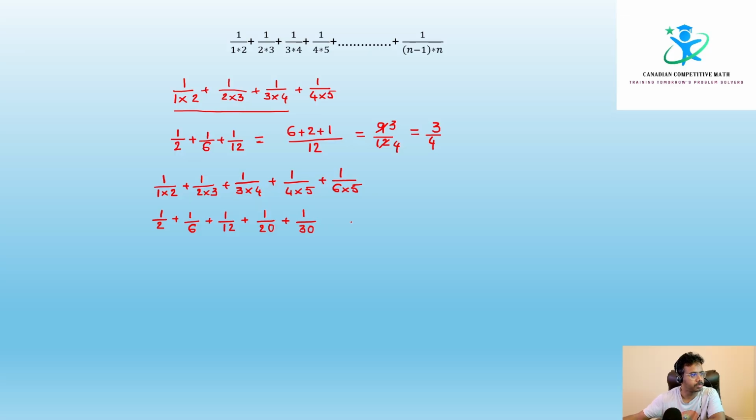So what does it become? I take 60, so this becomes 30 plus 10 plus 5 plus 3 plus 2, which will be 45. 30 plus 10, 40. 40 plus 5, 45. 45 plus 3, 48. 48 plus 2, 50.